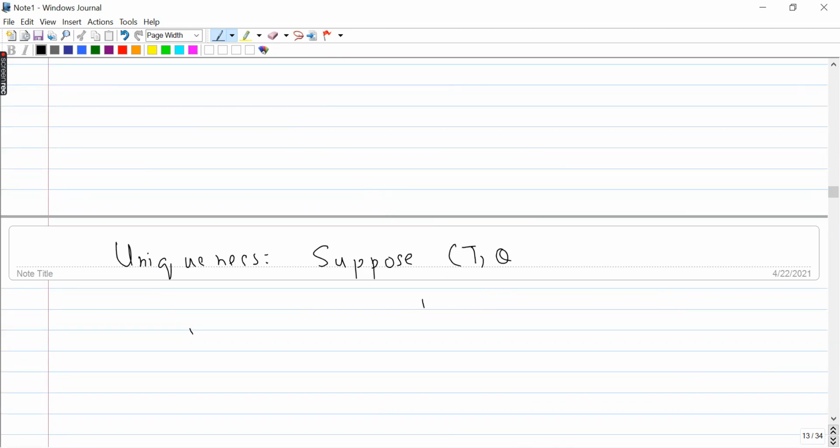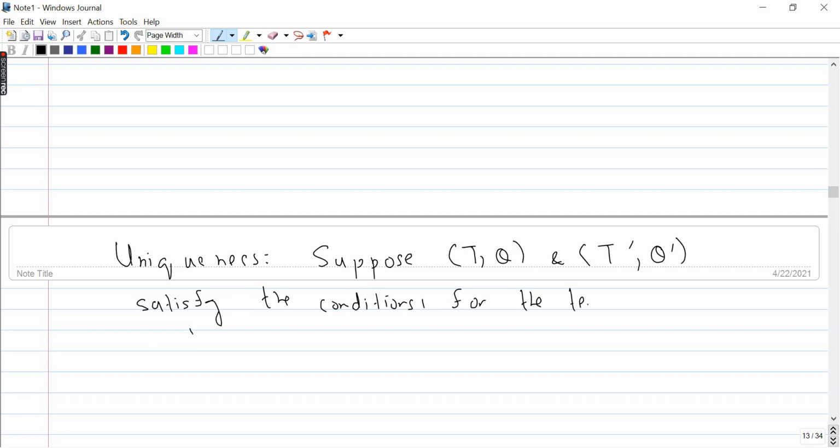Suppose (T, theta) and (T bar, theta bar) satisfy the conditions for the tensor product. So these two pairs are satisfying the conditions for the tensor product.